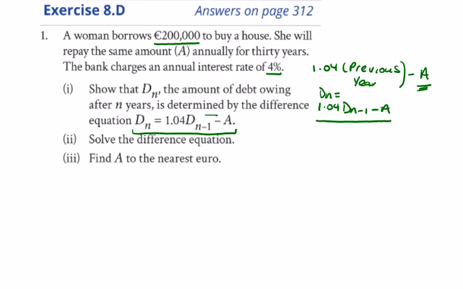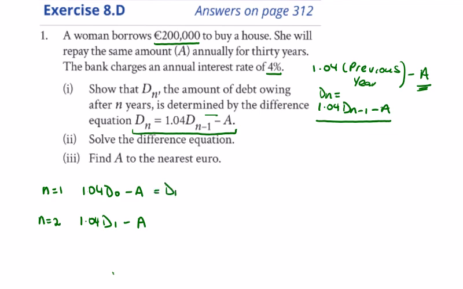Now, if we put n equal to 1 into this difference equation, we get 1.04 d0 minus A. If n is equal to 2, we get 1.04 d1 minus A. So this is d1.